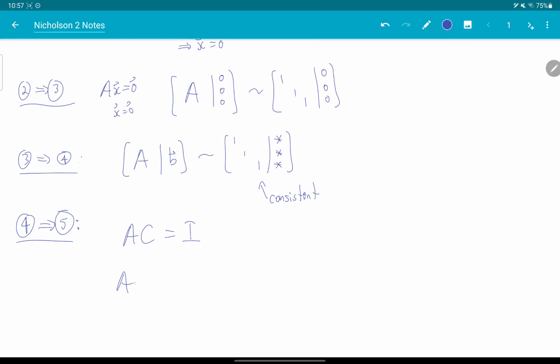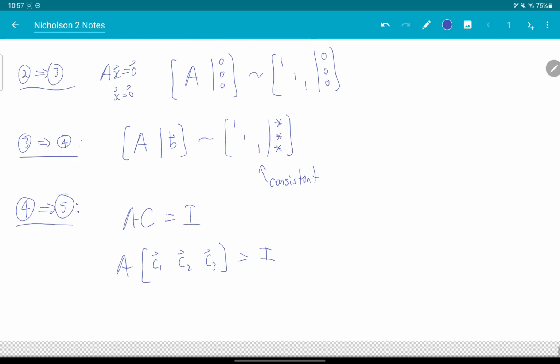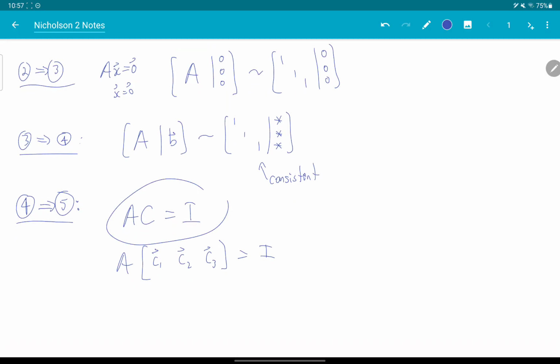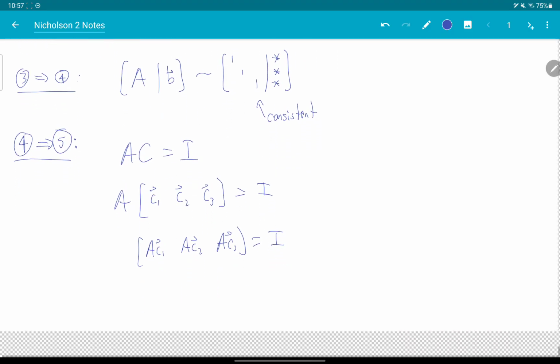Let's just say 3 by 3 again, just to cut down on extra notation here, with columns C1, C2, C3. So I'm trying to find a C that will make this happen for me, but using my definition of matrix multiplication, I get this.